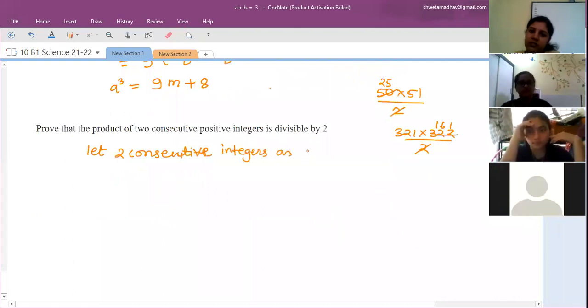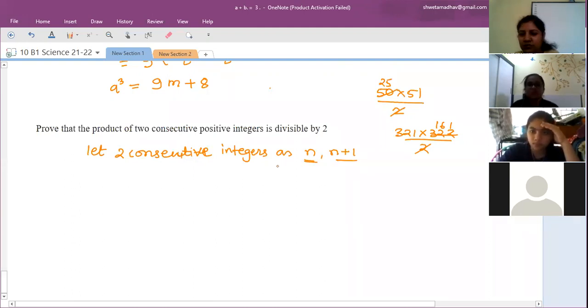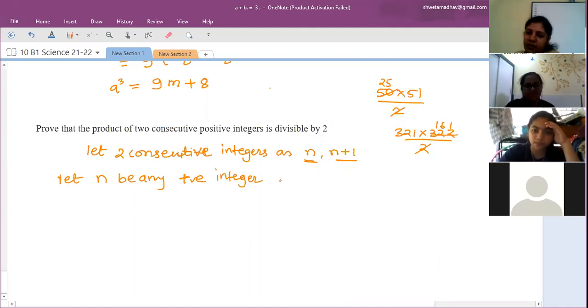That means n is a number and n plus 1 is the next consecutive number. So instead of a, we are now considering n. So let n be any positive integer. Let it be divided by 2.